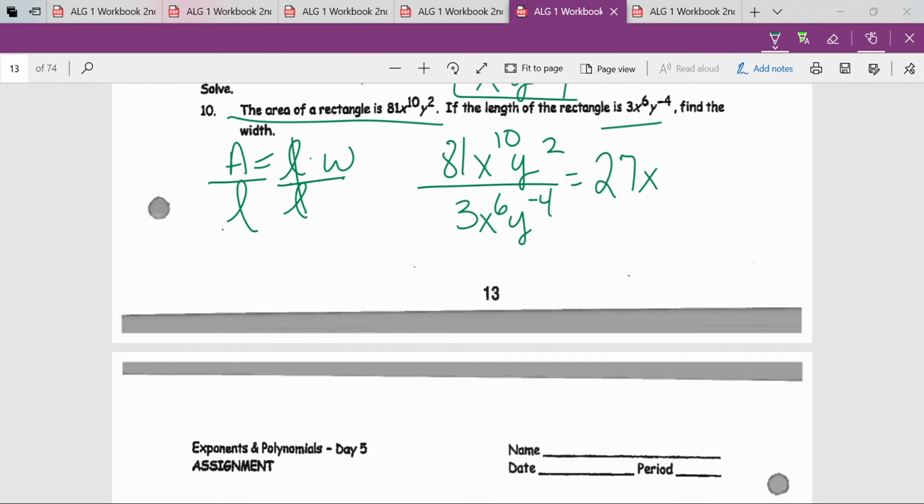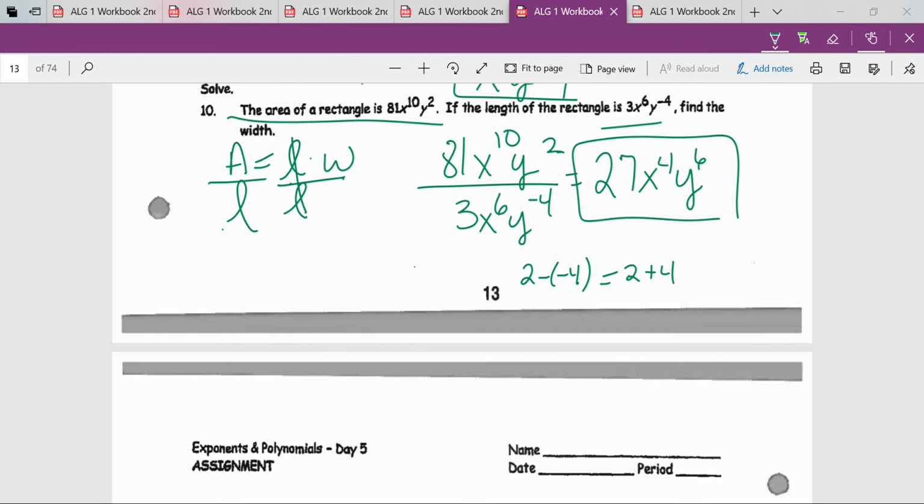X to the 10 on the top, 6 on the bottom, so x to the 4 is correct. Y to the 2 and y to the negative 4, that's 2 minus a negative 4. Minus the negative changes to positive, so that's 2 plus 4. 6. Okay.